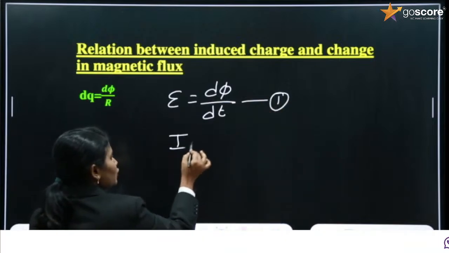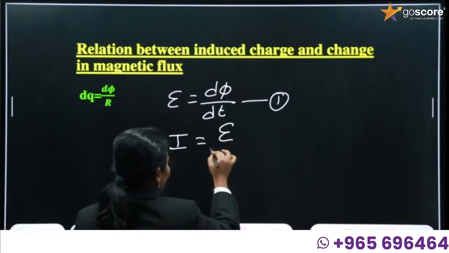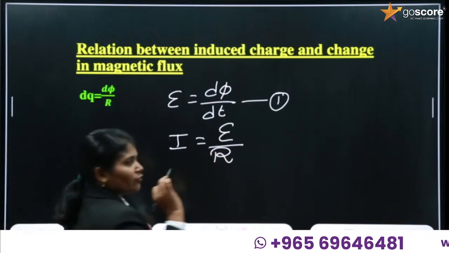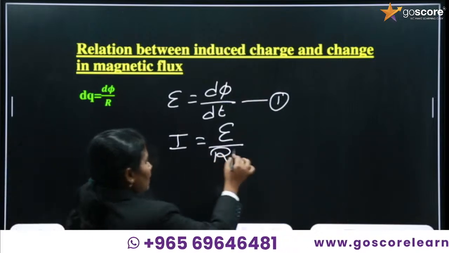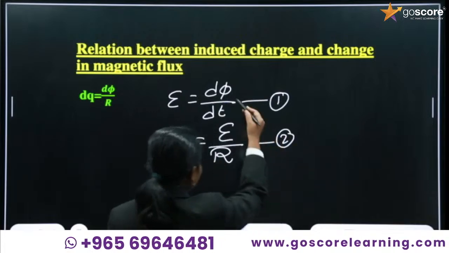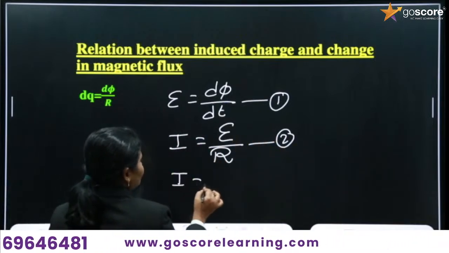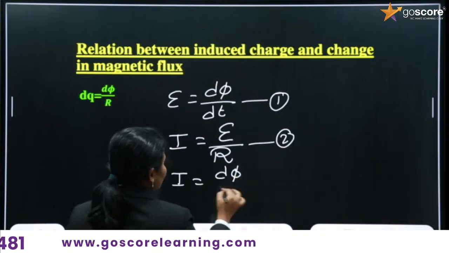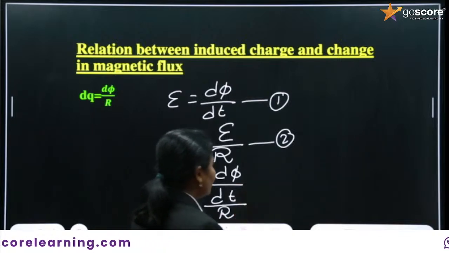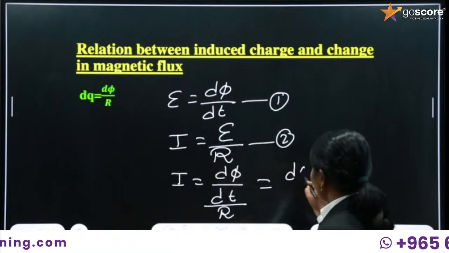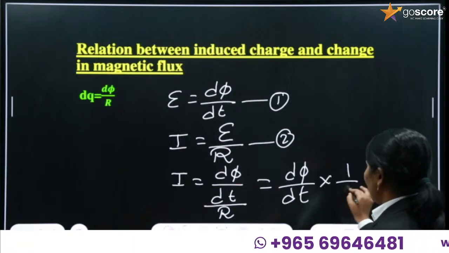Another equation we also know: current is equal to EMF by resistance of the coil, I is equal to E by R, where E is the EMF. Then substitute that EMF in the current equation. I is equal to d phi by dt by R, that is, d phi by dt into 1 by R.